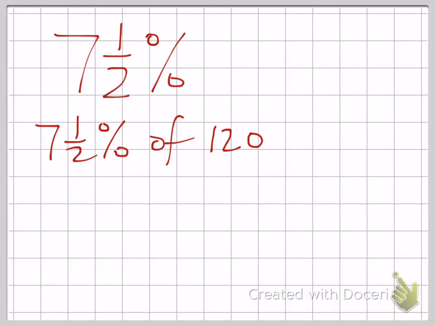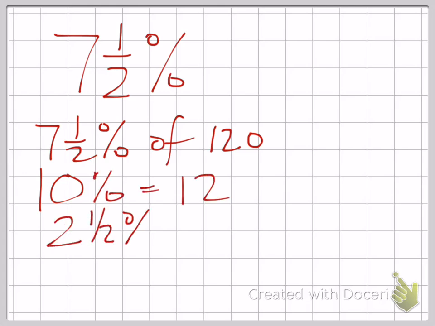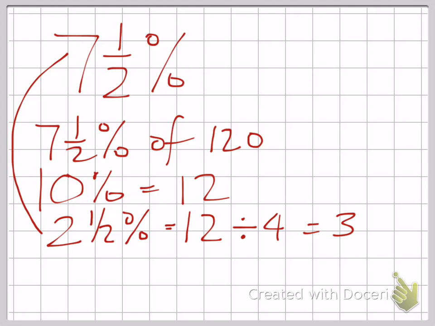7.5% works from the same principles, but there's just one extra step. So 10% of 120 would be 12. Next we work out 2.5%, which is what we did in the last question, by dividing by 4. So 12 divided by 4 would give us 3. Now the link between 2.5% and 7.5% is 7.5% is 3 times bigger.